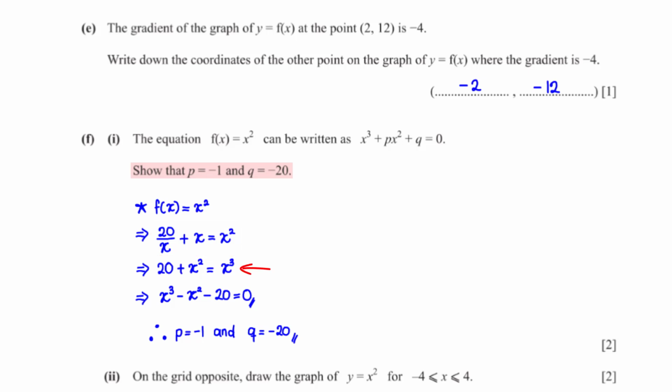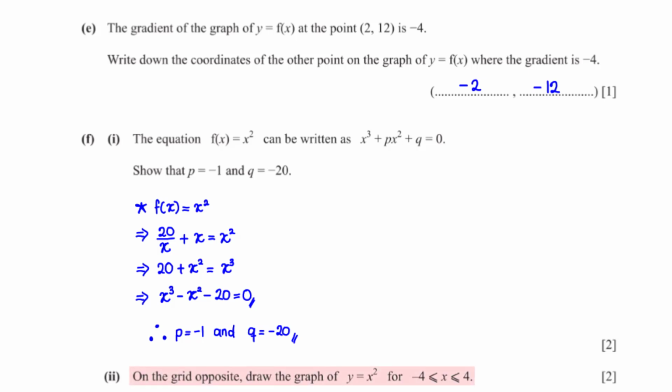When we send all the terms to one side of the equation, this is what we have. When we compare our equation with x cubed plus p x squared plus q equals 0, p is the coefficient of the x squared term and that is -1. q is the constant term and that is -20.